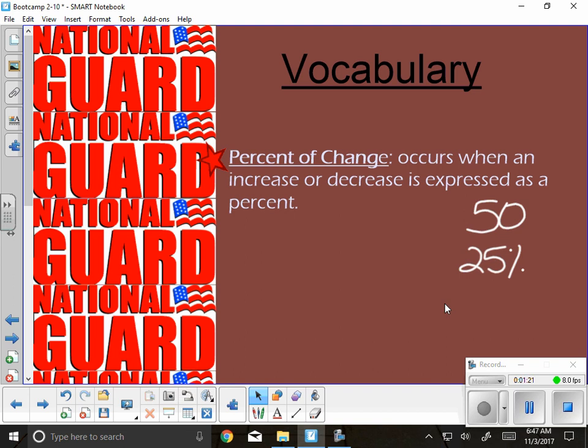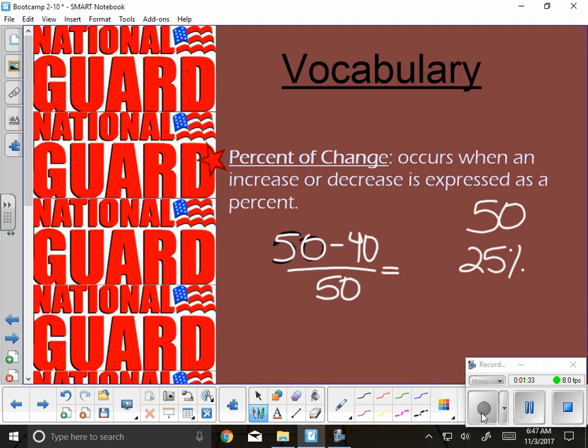An example of this would be 50 minus 40 over 50 equals percent over 100. Now this is how you're going to be able to find percent of change. Don't worry if you're not understanding this right now, but we will get into this shortly.